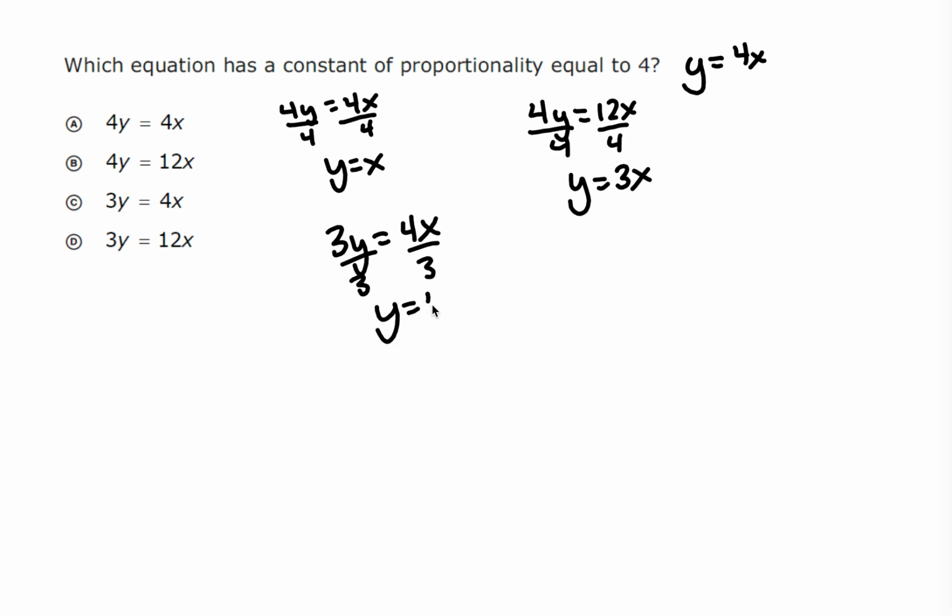We get y equals 4/3 x. Nope. So let's hope the last one works. 3y equals 12x. We divide by 3, we divide by 3. We get y equals 4x. So it's this last one that has that same constant of proportionality.